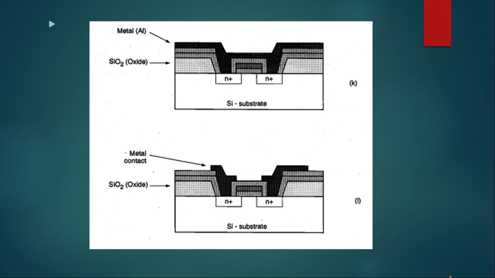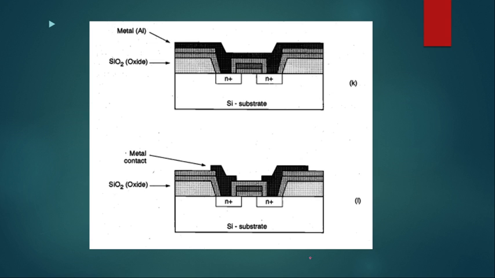In that also we will discuss that metals are basically used for interconnections from one transistor to another, because these transistors are fabricated in a chip, and a chip contains even thousands and millions of transistors. So it is not possible that you are making only a single transistor and it will be used as a standalone device. It will obviously have certain connections with other transistors as well. So the metal layer is used for interconnection.